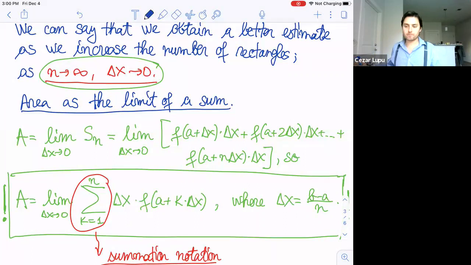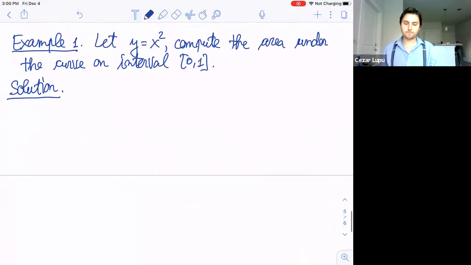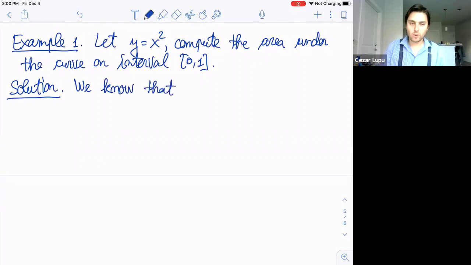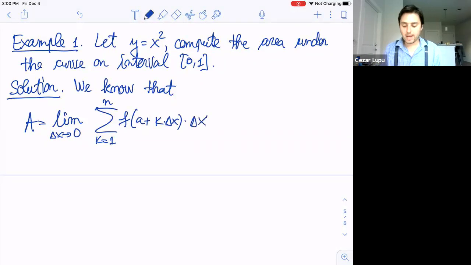Okay, great. So let's do it. All right, so we know that the area is the limit as delta x approaches 0 of the sum from k equals 1 to n of f of a plus k times delta x. And we know how to identify this in our case.